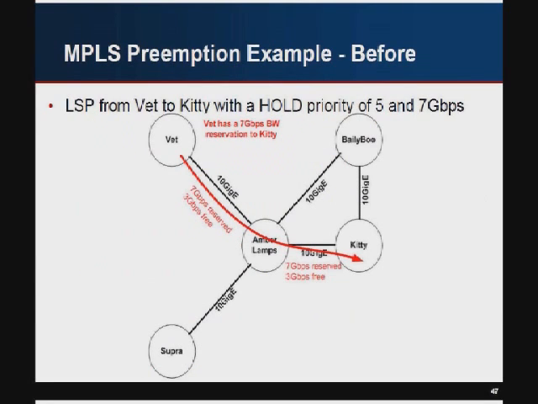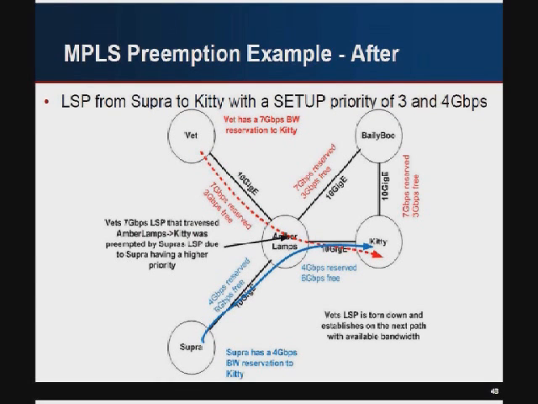So here's kind of an example of how preemption works. Here's an LSP going from vet to kitty through amber lamps. It's a 7 gig LSP. It's fitting across a 10 gig link, and that's fine. And now you want to reserve some more bandwidth. You have a 4 gig LSP coming from Supra, going through amber lamps and going over to kitty.